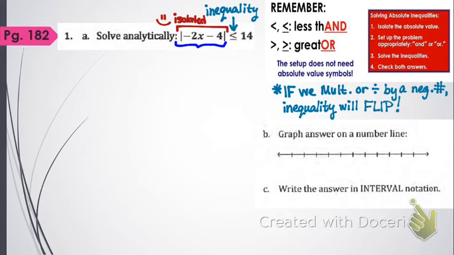So if I read this back in English, it says that the distance is, and then I have, what's that symbol? Less than or equal to 14 units from 0.